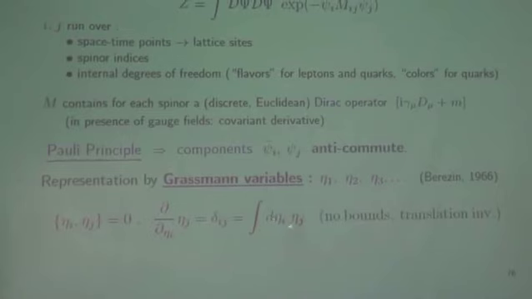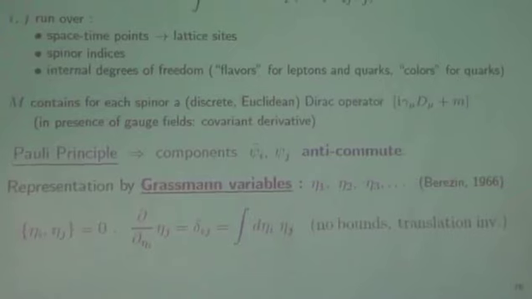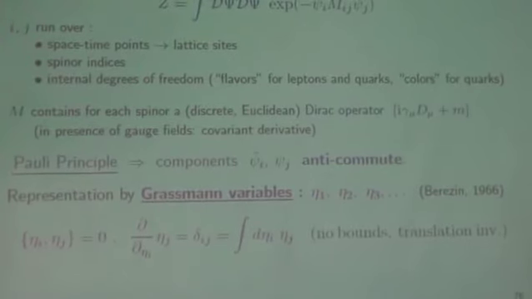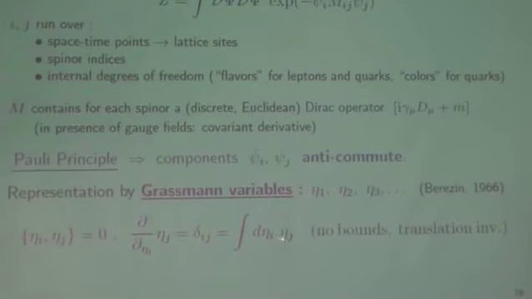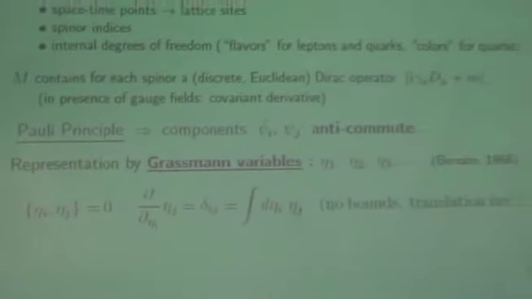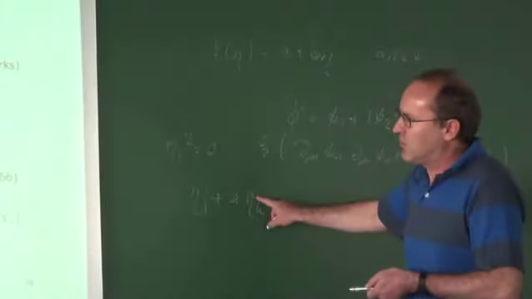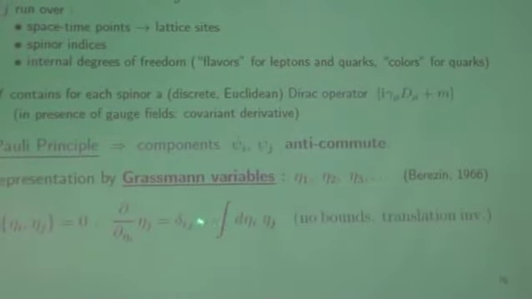But if we do an integral, first of all, an integral does not have boundaries. There's just either you do the integral or you don't. There's no notion of a boundary. And then if you require this integral to be translation invariant, so invariant under η_j going to η_j plus a η_k, then if you do such a translation and you require this to be invariant, you have to require that the integral over this is 0 if you integrate over a different variable, and this is only achieved with this rule.